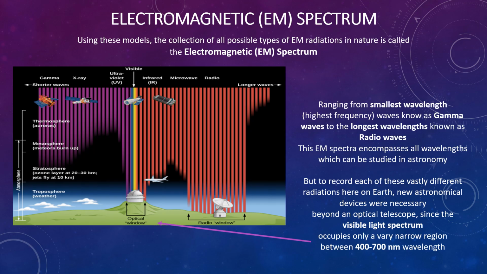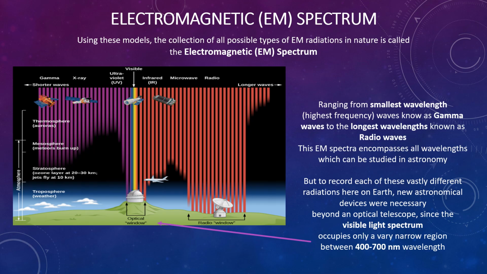On the other end of the spectrum, we have the radio waves, which have the lowest energy and longest wavelengths. But there are a lot of different telescope designs necessary to record in all of these different wavelengths.